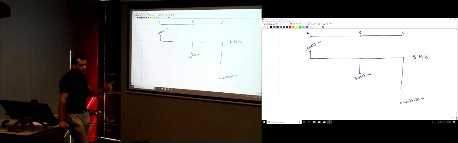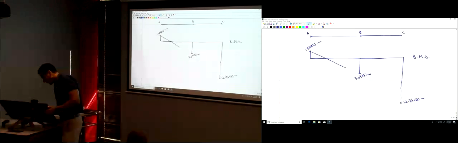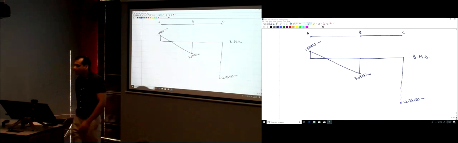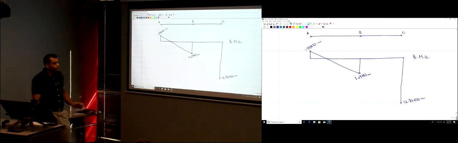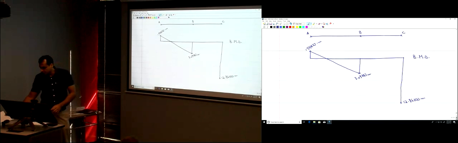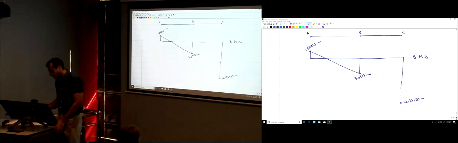From point A to point B, did you have any loads? No. So that means that you're going to connect them by a straight line. Right? And then from point B to point C, did you have any distributed loads? Yes, you have a triangular load, so you have a parabola here.